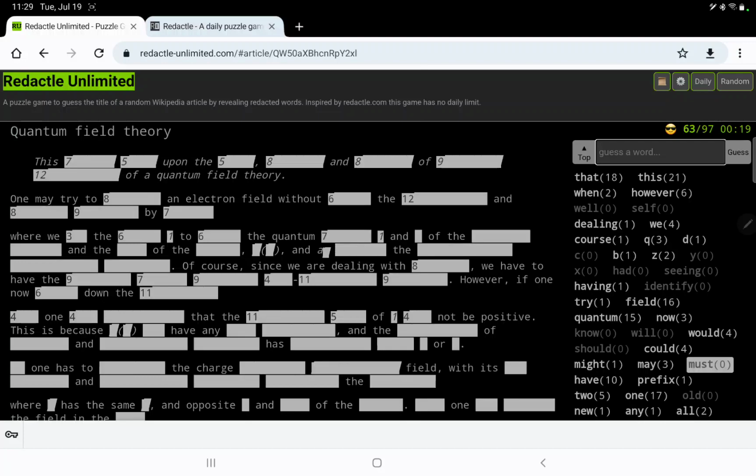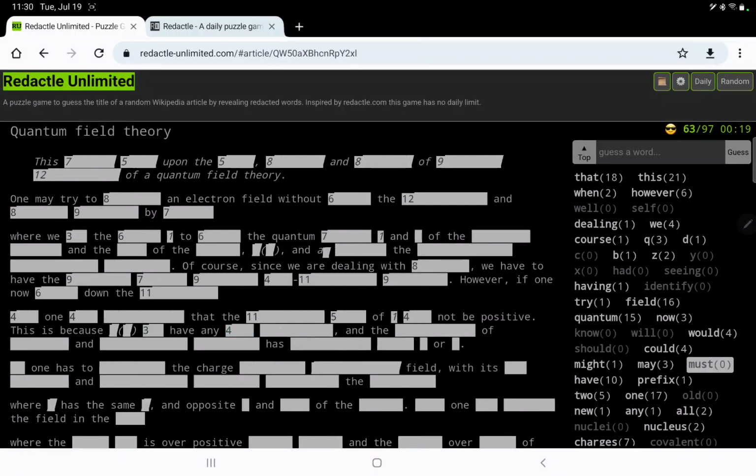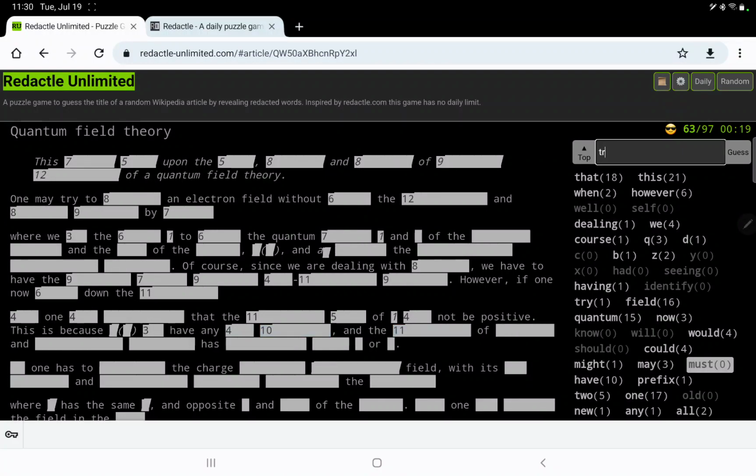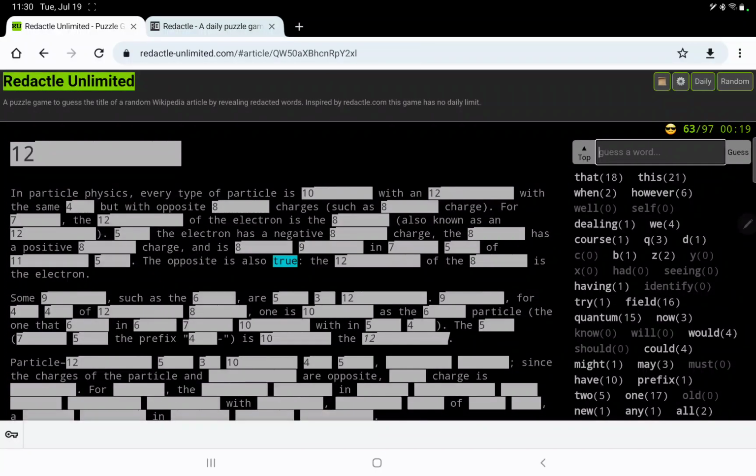Then must, may, might. Apologies if you can hear some machinery outside my window in the background there. Have any for something? How about true? No, the opposite. Oh, we already had that.